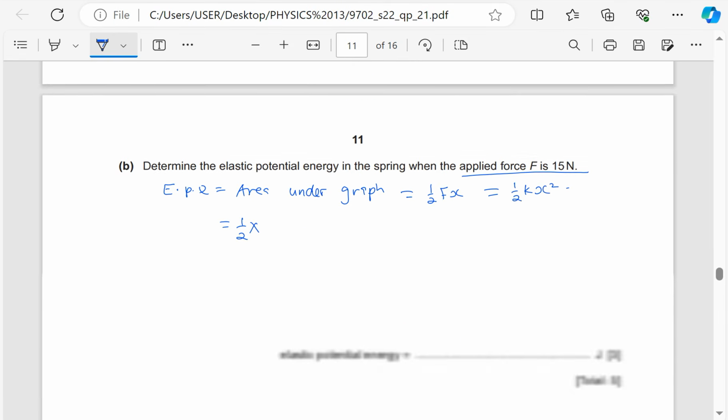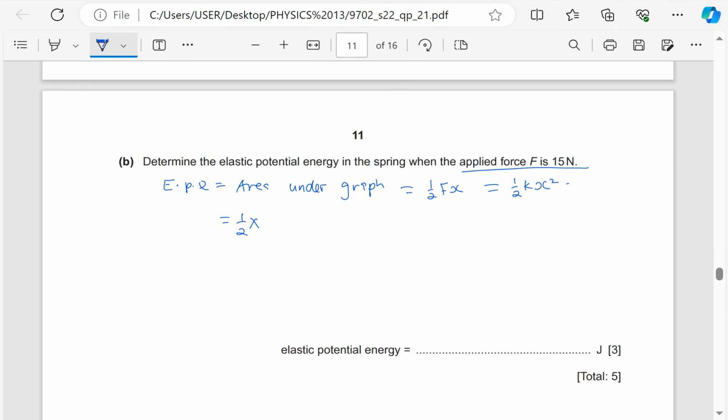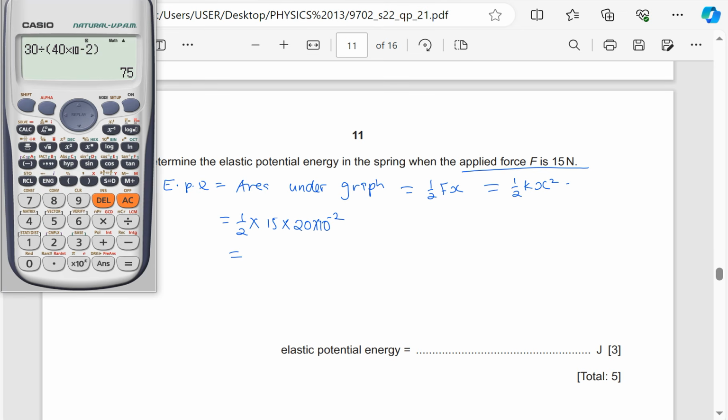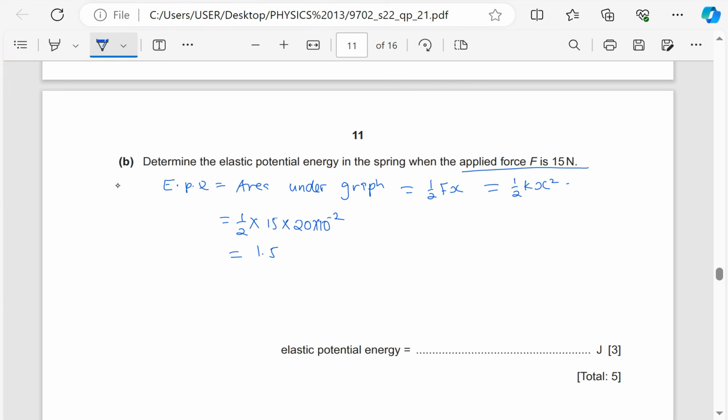So I'll say a half times 15 on the vertical, then times 20, but remember it was in centimeters, so I'll say times 10 to the power of minus 2, which gives us 0.5 times 15 times 20 exponent minus 2. So that is 1.5.